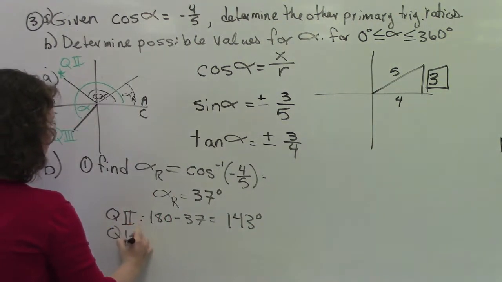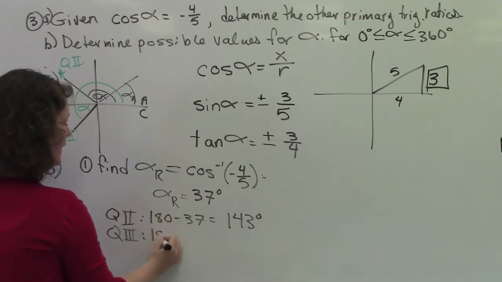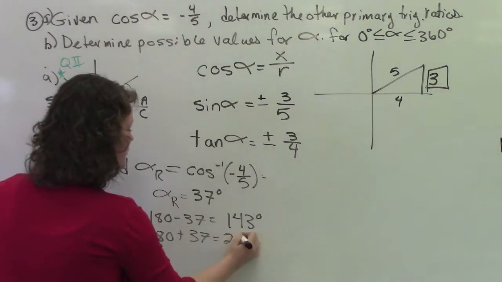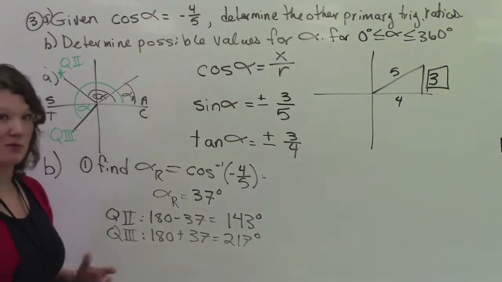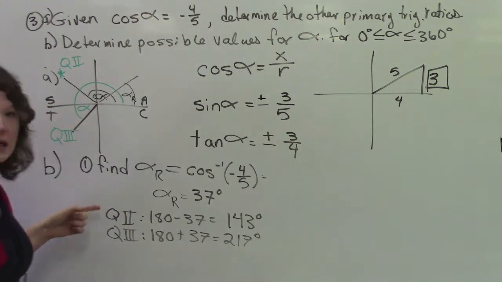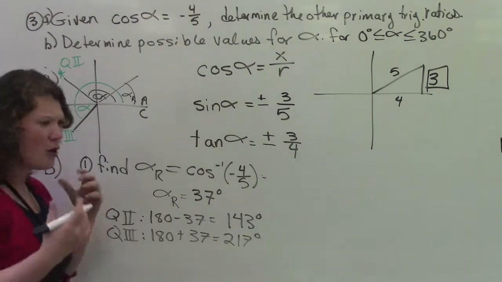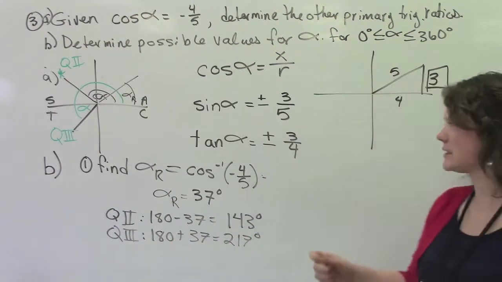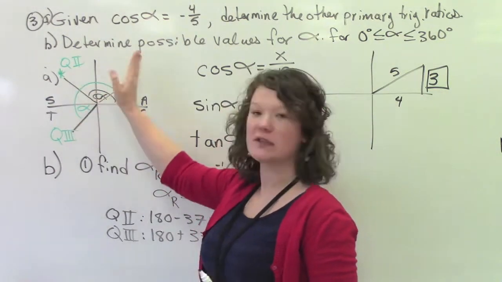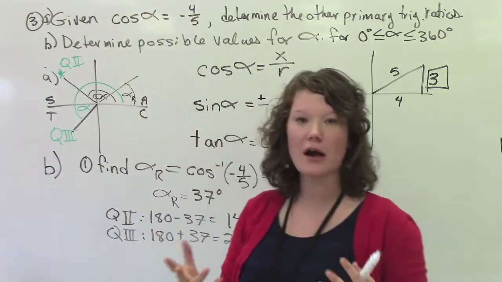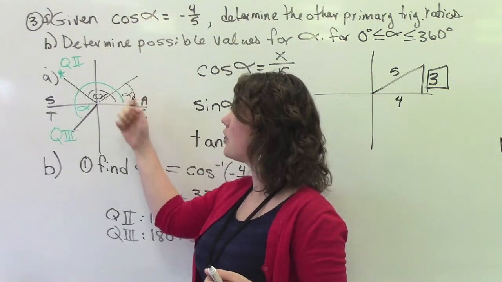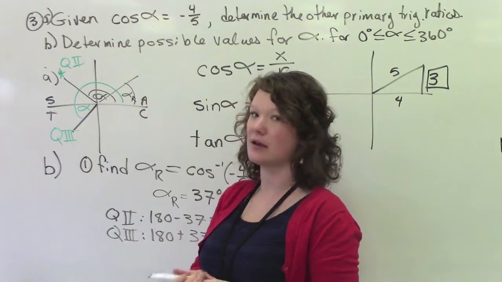In quadrant 3, we have 180 plus 37, which is going to equal 217 degrees. And we're done. Because cosine is negative in 2 quadrants, we're going to get 2 different answers. I hope everybody's seeing the importance of finding out what our reference angle is first, and then using our knowledge of the unit circle, or terminal arms, to decide which quadrants these angles live in.